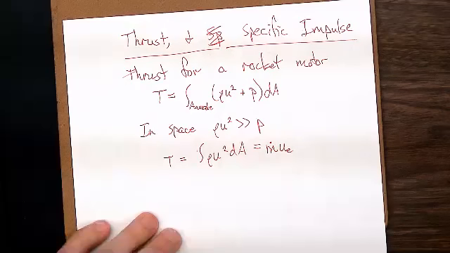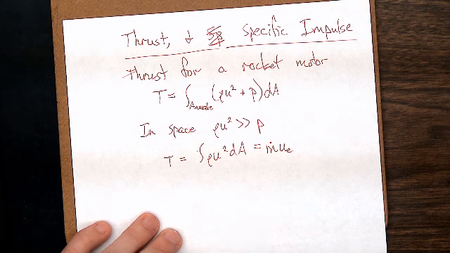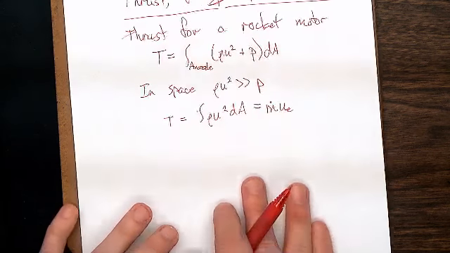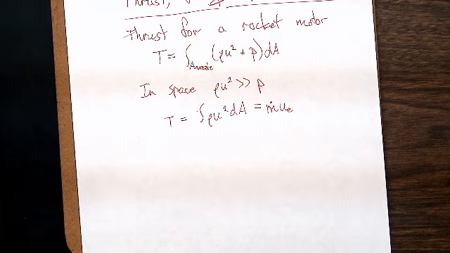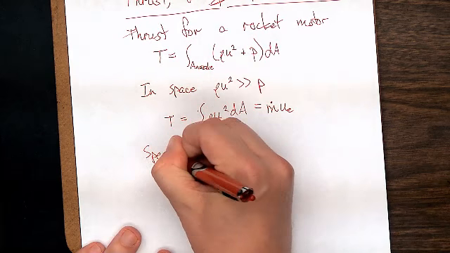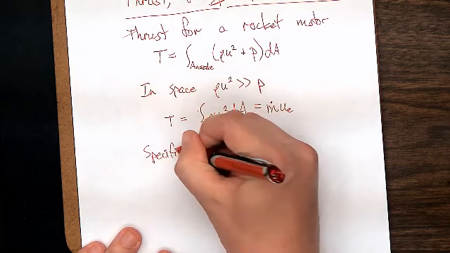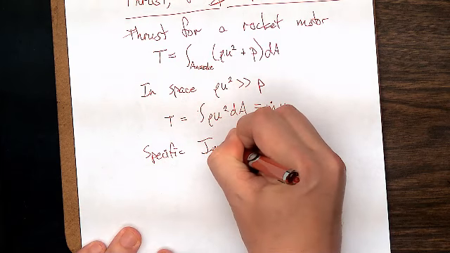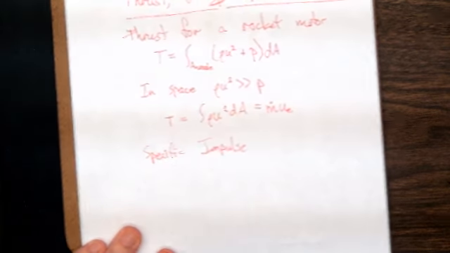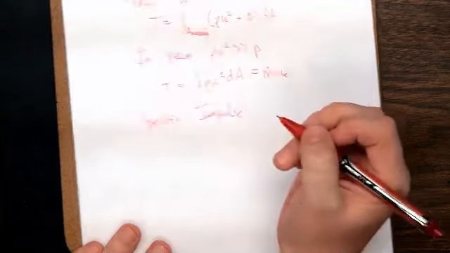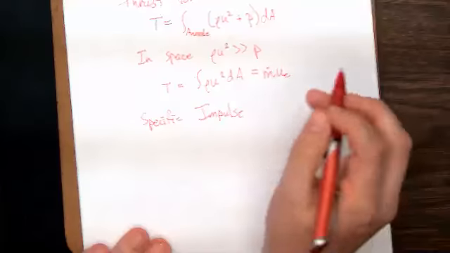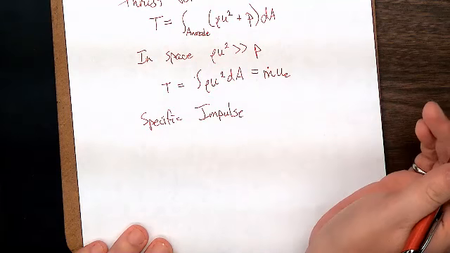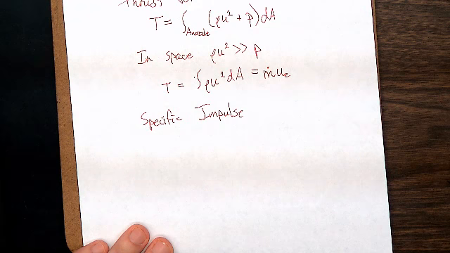All right, so in most cases, you want a higher thrust because you can move around faster, if we think about being in space. There is another measurement of performance called specific impulse, and we'll go into these in more detail later. I'm just giving you a brief introduction now. The specific impulse is the ratio of the thrust to the unit weight flow rate of the propellant.